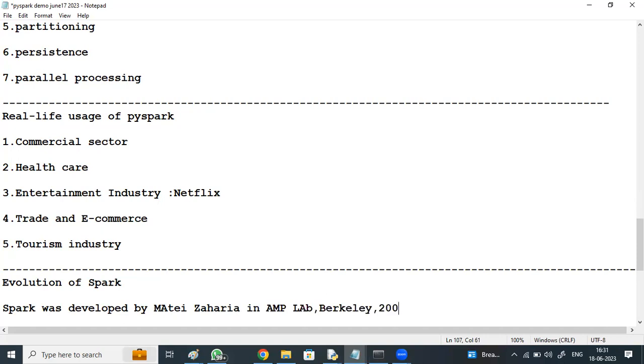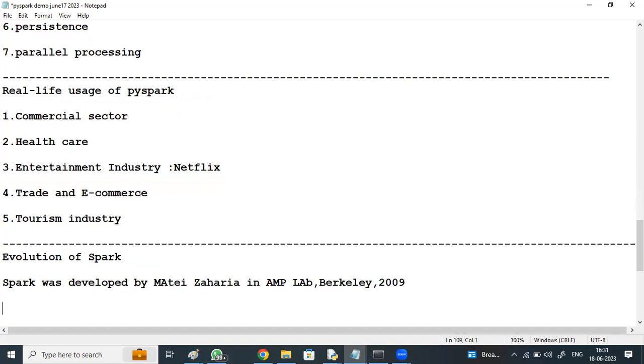Spark was introduced in the year 2009, but it was open sourced in the year 2010.